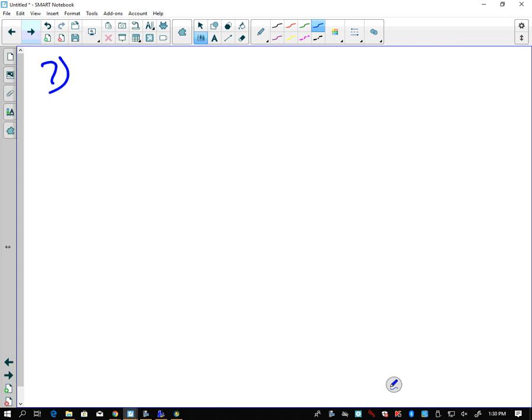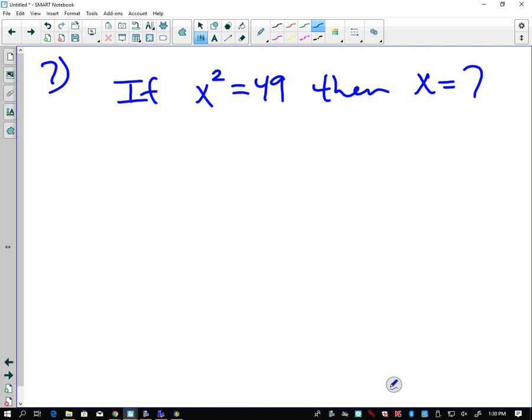All right, question number 7. Here we want a counterexample. Let's see if we can come up with a counterexample. If x squared equals 49, then x equals 7. Is there any counterexample that we can come up with?